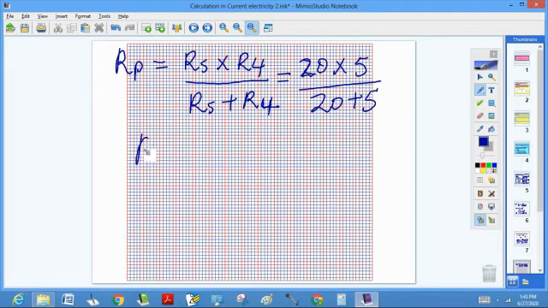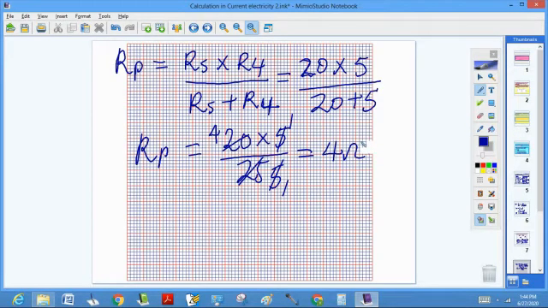So RP is equal to 20 times 5 divided by 25. This cancels itself and this to give us 5. 5 cancels itself here and cancels this to give us 4. So we have 4 ohms.